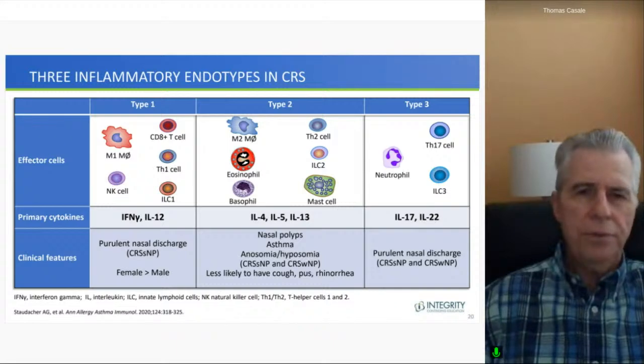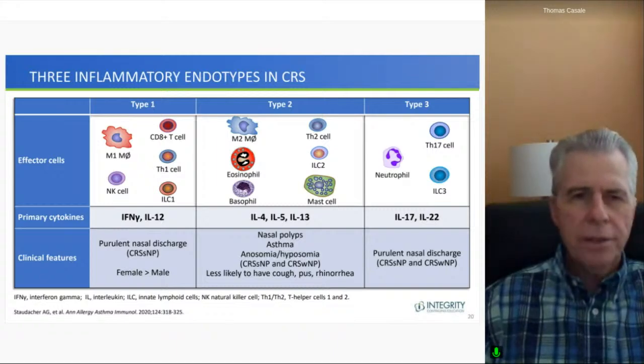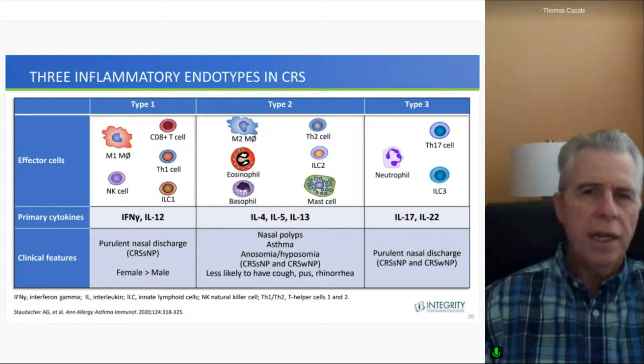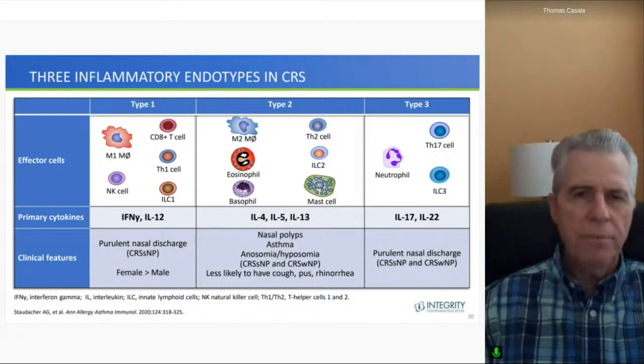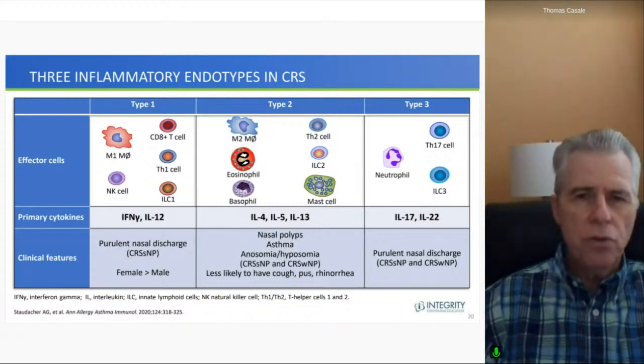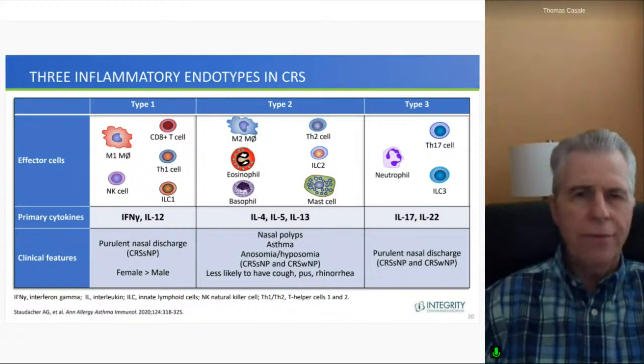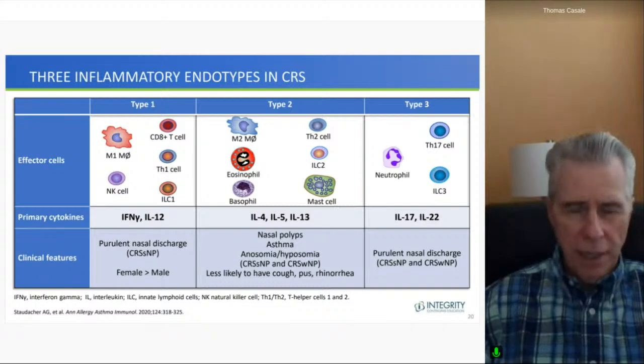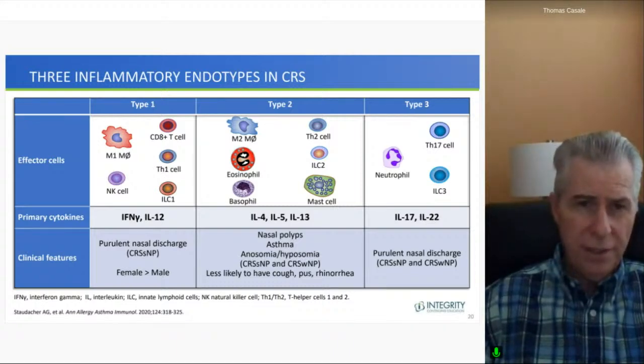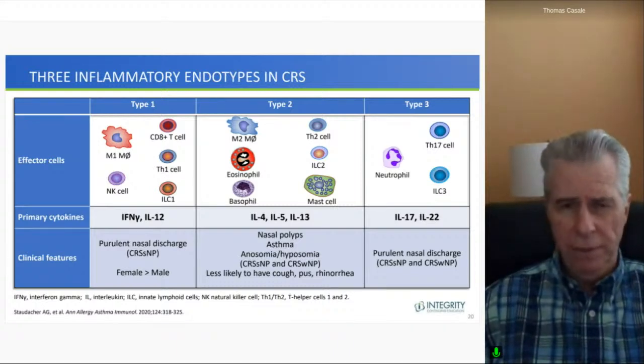They're not endotypes. Endotype means that we can actually pinpoint the molecule or the pathway that leads to the disease. So if we take type 2, for example, if we knew that in an individual patient, IL-5 was the mediator that caused that patient's disease, that would be an endotype.